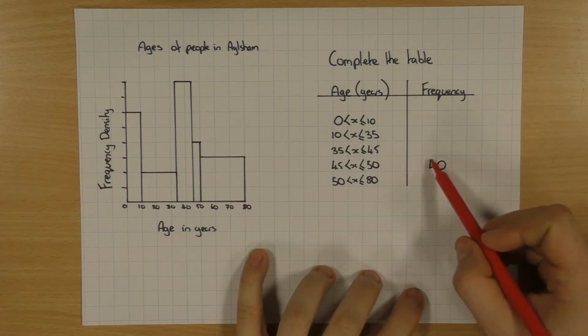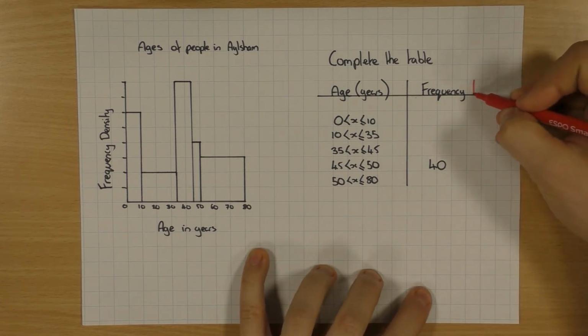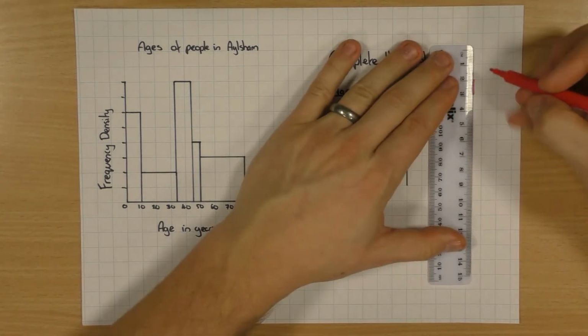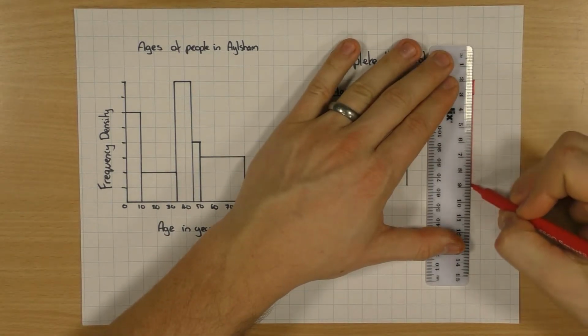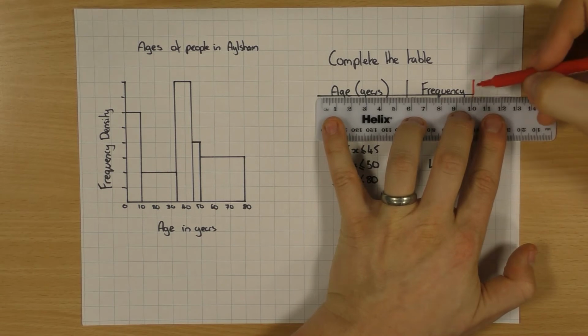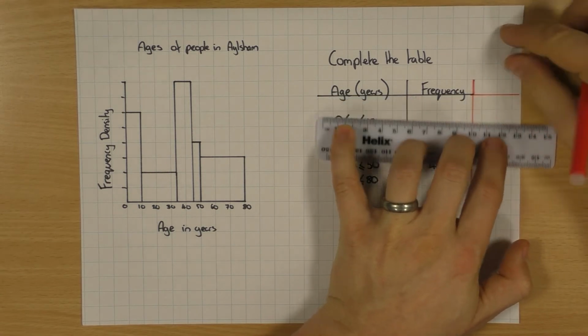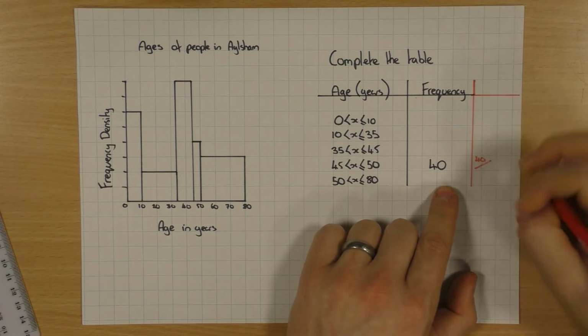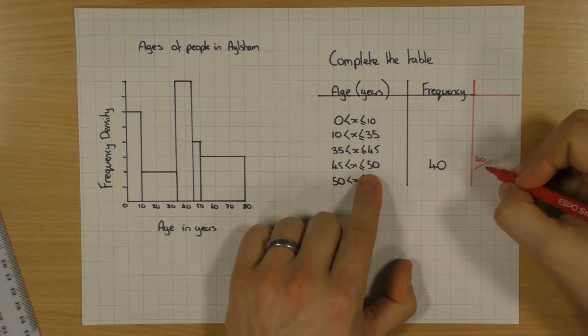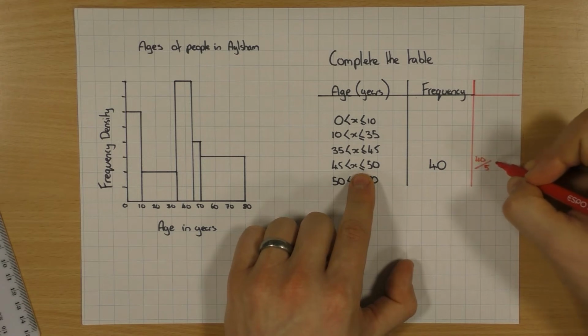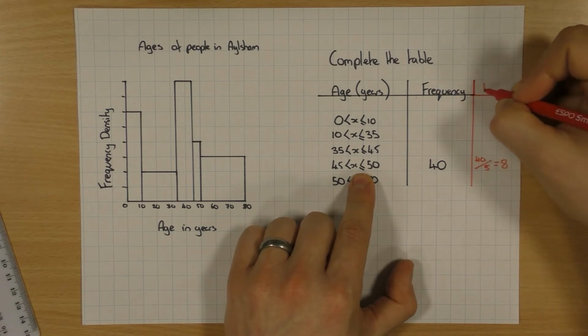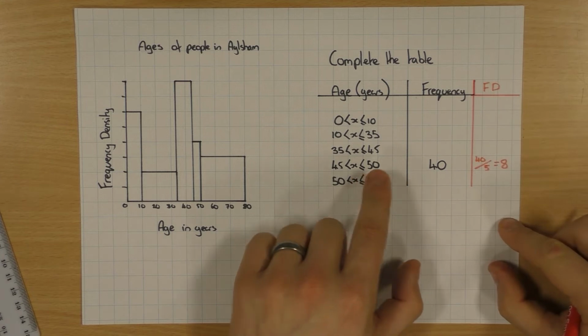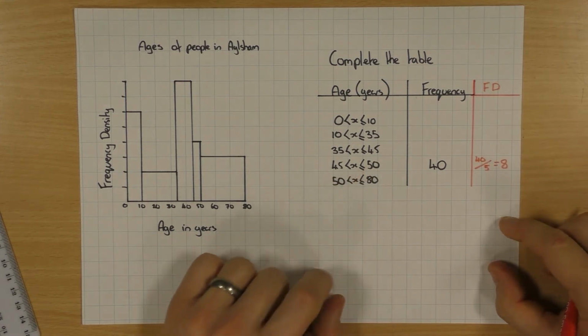I've got my frequency here to be 40, so this is why it's crucial to have watched the drawing a histogram video, because we're now going to work out the frequency density, which is the frequency divided by the class width. In this case, the class width is 5, which gives 8. So the frequency density for this particular one here is 8.